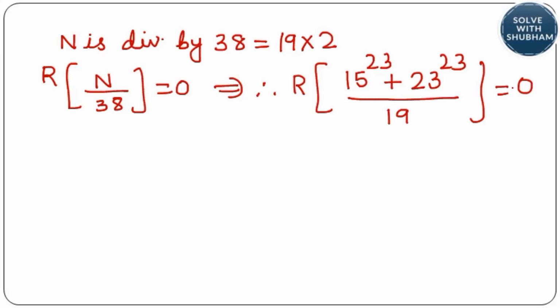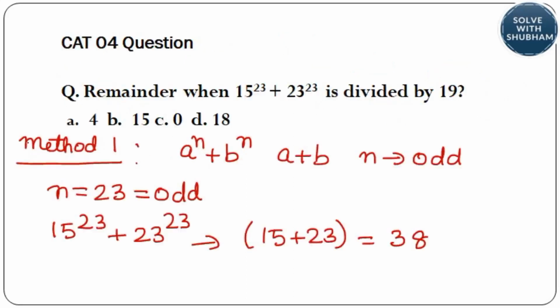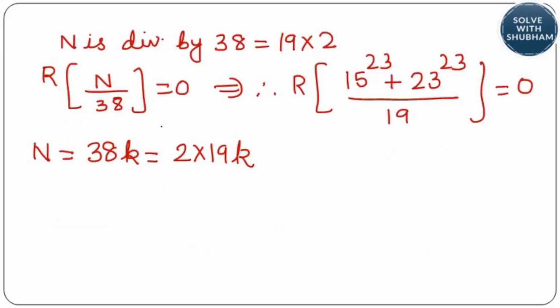Why? Because your number is a multiple of 38. 38 is nothing but 2 into 19. So it means it's a multiple of 19 as well. So the remainder would be 0. So the answer would be option number C.